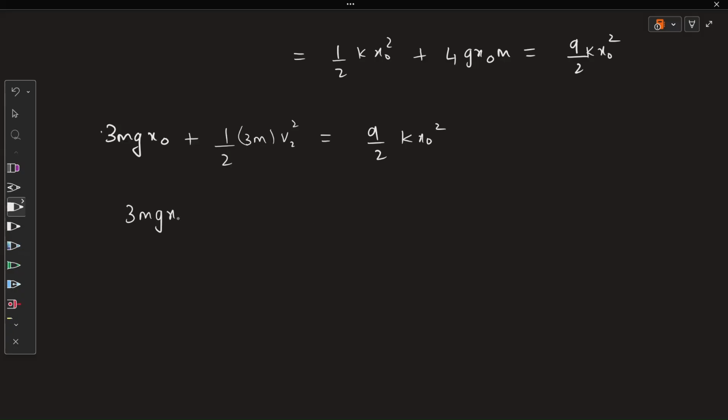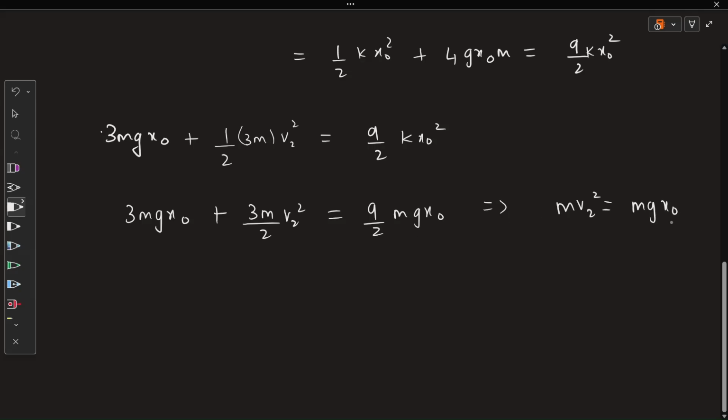So 3 mg x naught plus 3m by 2 v2 square equals 9 by 2 k x naught square, where k x naught is mg. So we get m v2 square equals m g x naught, and v2 is under root g x naught.